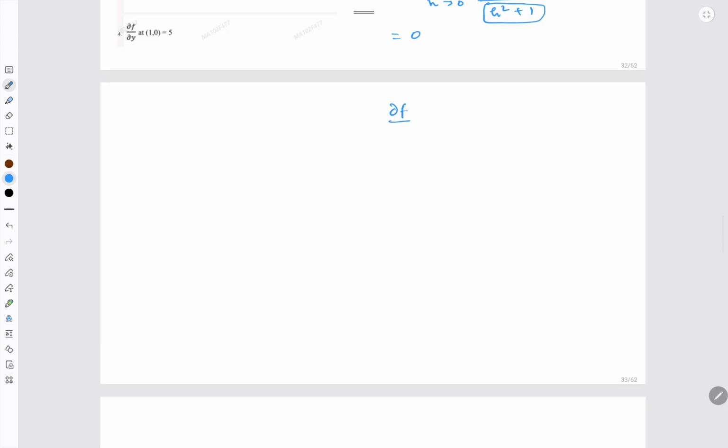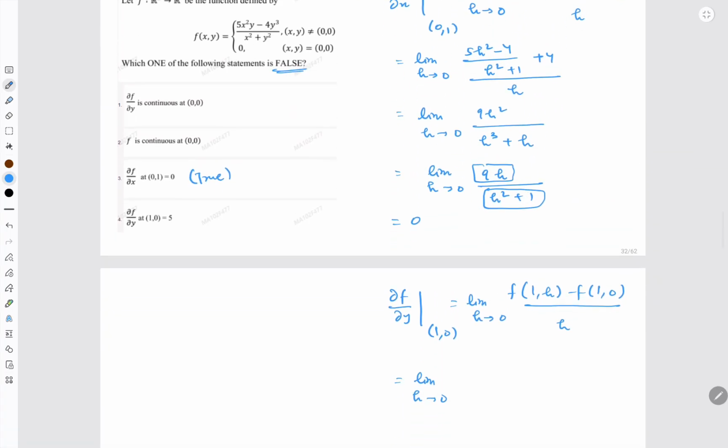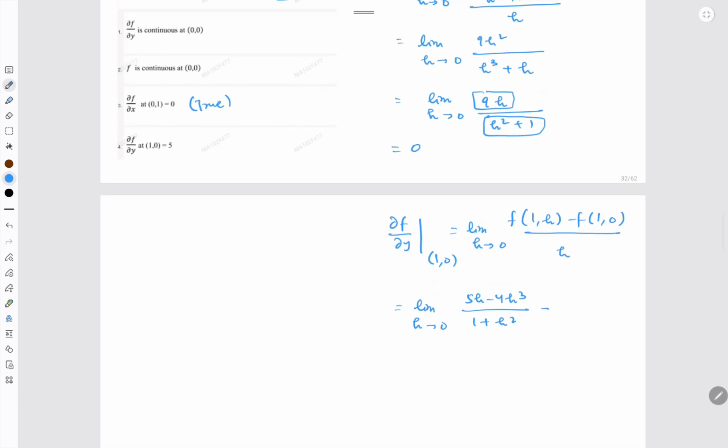If I solve df by dy at 1 comma 0, it is nothing but limit h tends to 0, f of 1 comma h minus f of 1 comma 0 divided by h. Simple definition, right? Limit h tends to 0, f of 1 comma h is 5 into 1 square into h, so 5h minus 4h cube, by 1 plus h square, minus f of 1 comma 0.